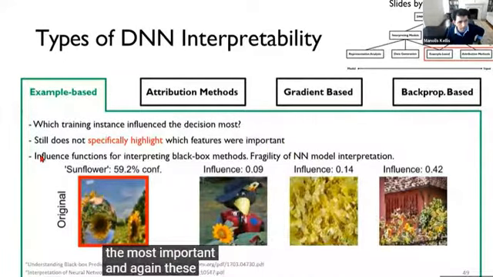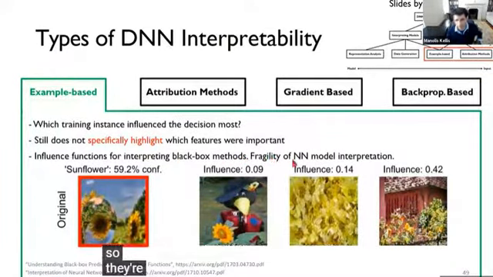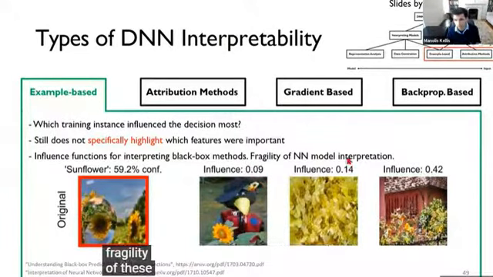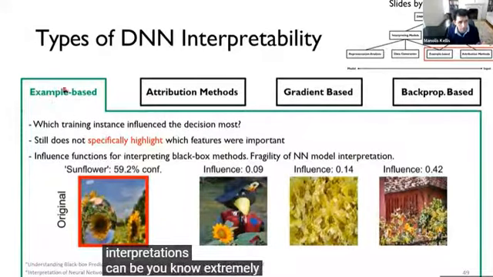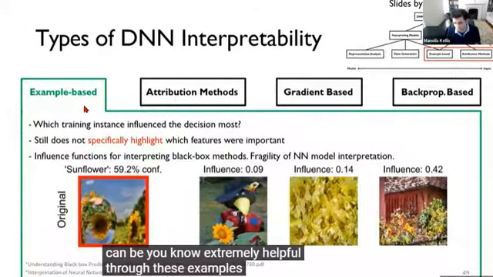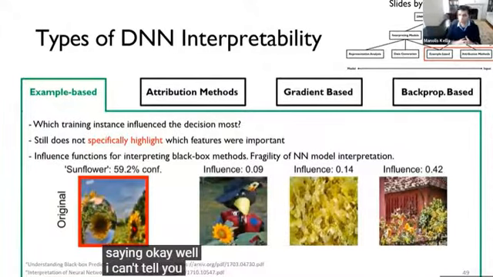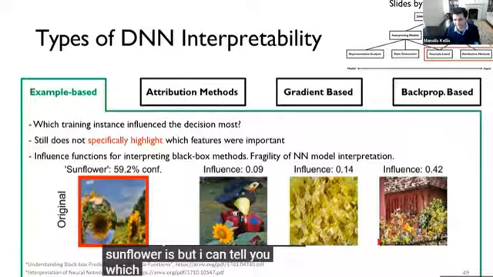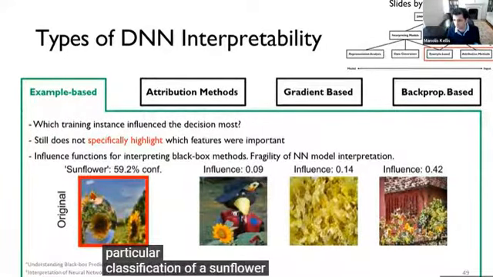And again, these are influence functions for interpreting these black box methods. Studying the fragility of neural network model interpretations can be extremely helpful through these examples, by basically saying, okay, I can't tell you how I learned what a sunflower is, but I can tell you which images contributed to this particular classification of a sunflower.